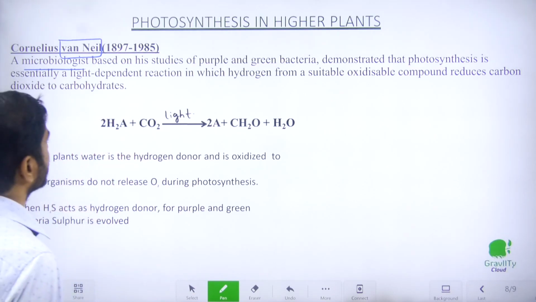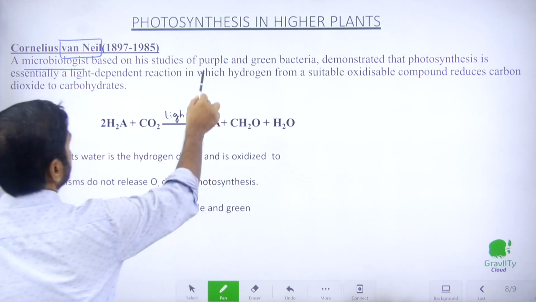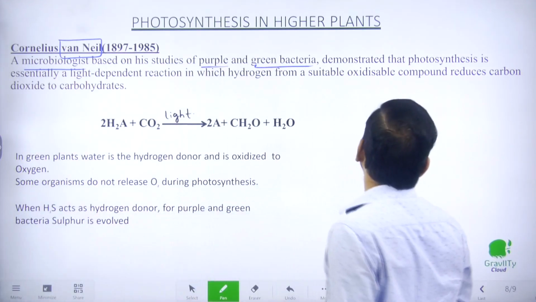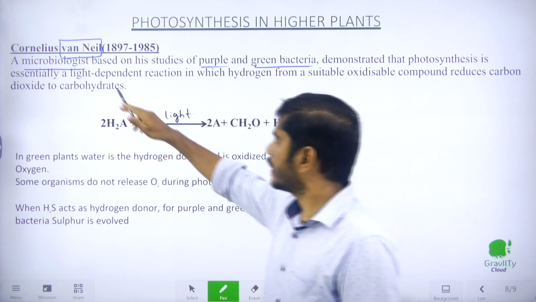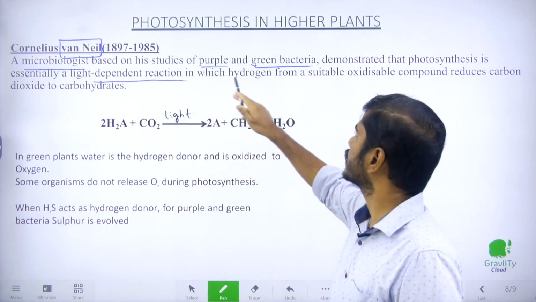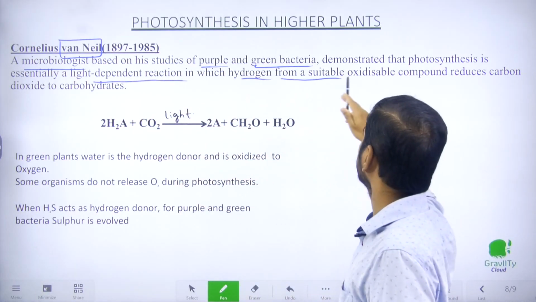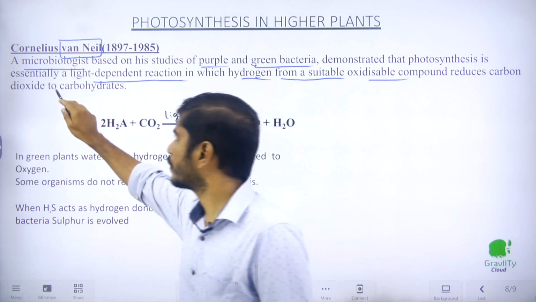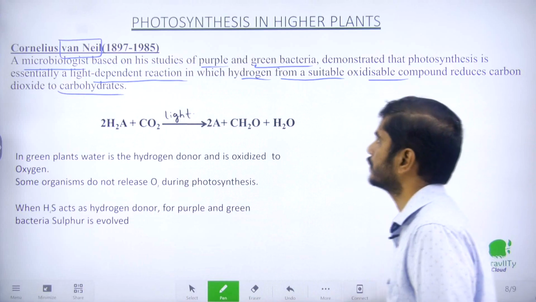Based on his studies of purple and green bacteria, he demonstrated that photosynthesis is essentially a light dependent reaction in which hydrogen from a suitable oxidizable compound reduces carbon dioxide to carbohydrates. Okay, I will explain that.